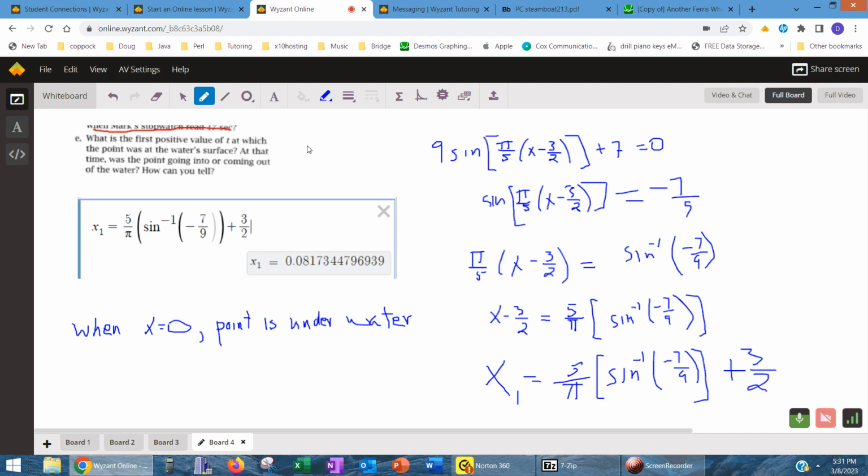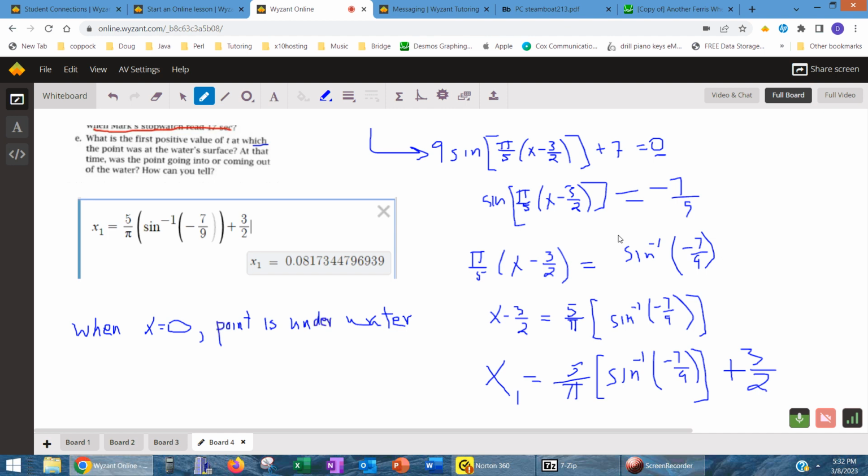And finally, what is the first positive value of t at which the point was at the water surface? We want to know, when does this function equal 0? Now it happens infinitely many times because the wheel is going round and round and round. But the first time will happen when we solve this equation for x or t when the height is 0. So we'll subtract 7, divide by 9, take the inverse sine.